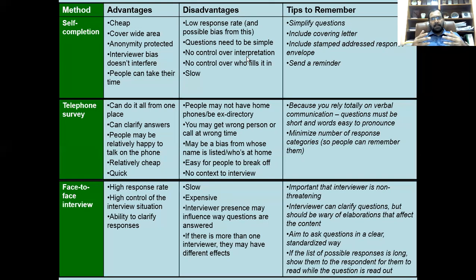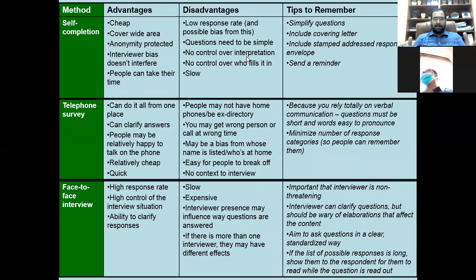They have a prior meeting set. So the response rate is good. You can also control the situation at that point in time, because if a new question arises, you can easily handle it and the response.